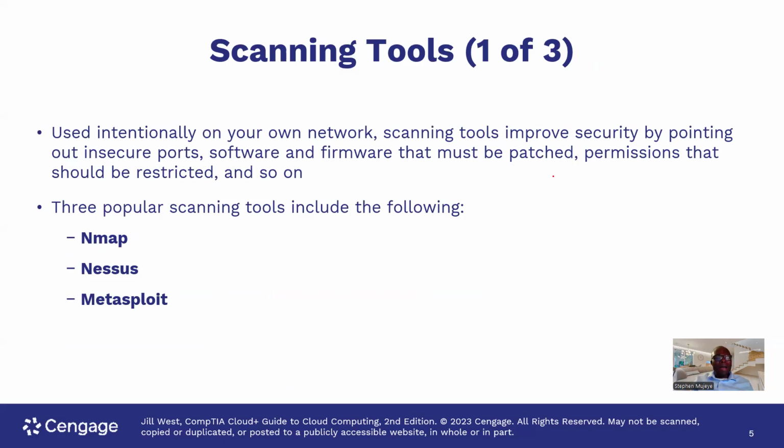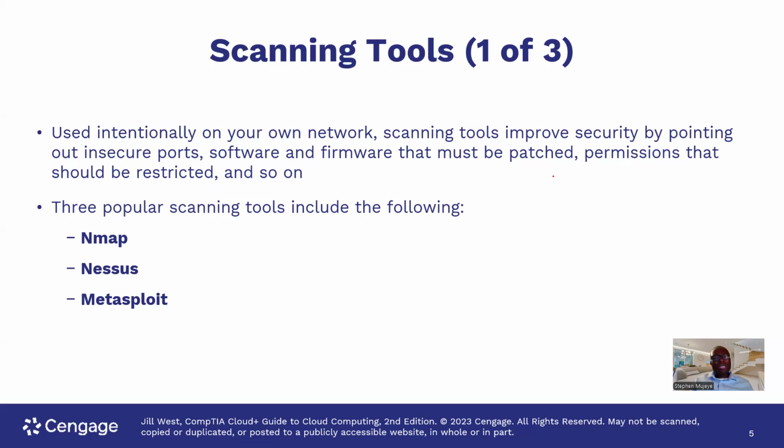Some of the popular scanning tools include Nmap, which can scan the network. And then Nessus can also be used for vulnerability assessment, assessing the vulnerabilities that may exist within your network. And then there is Metasploit.